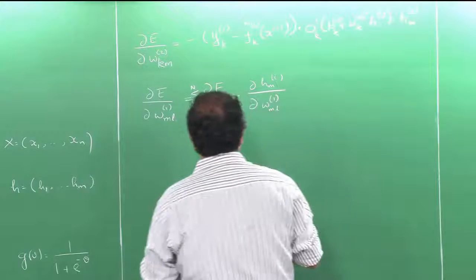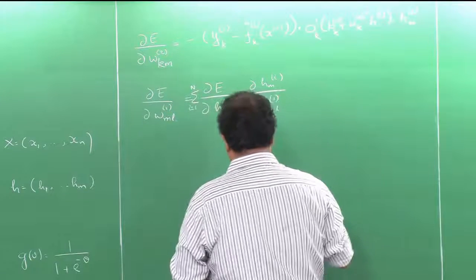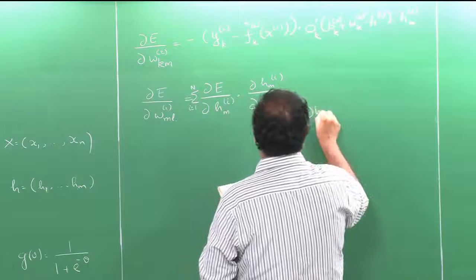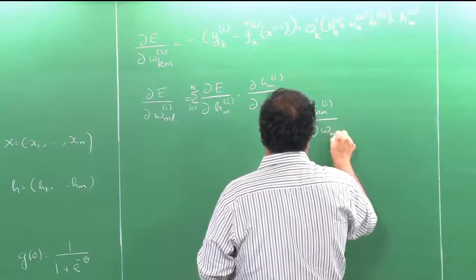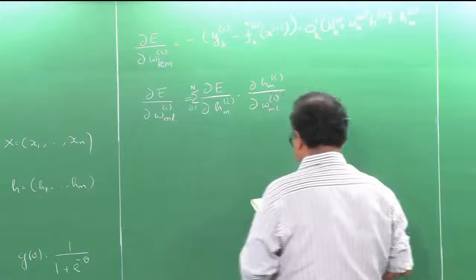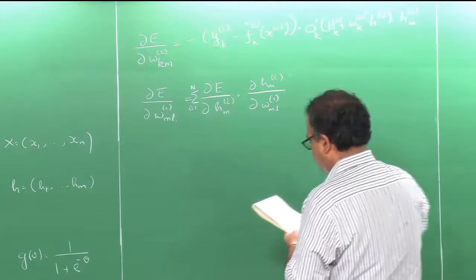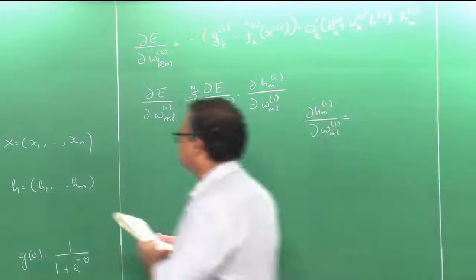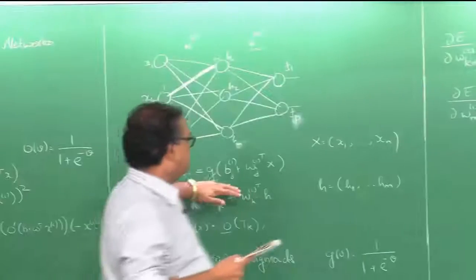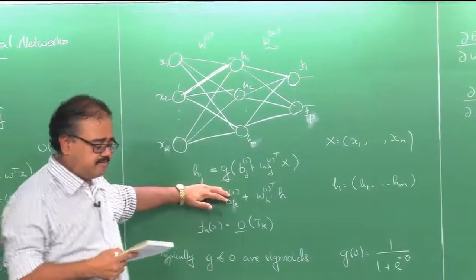So, let us take this bit by bit. If I look at this, you can see that this is immediately obvious because this is the function we are talking about here.